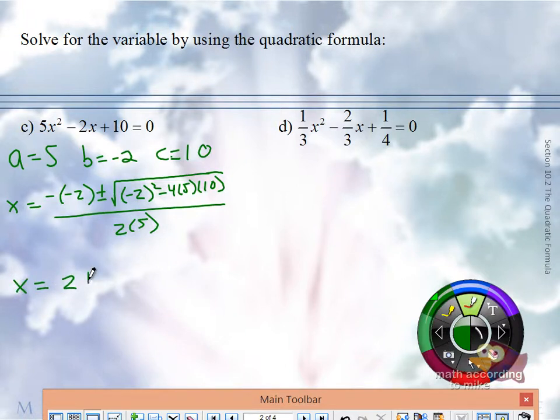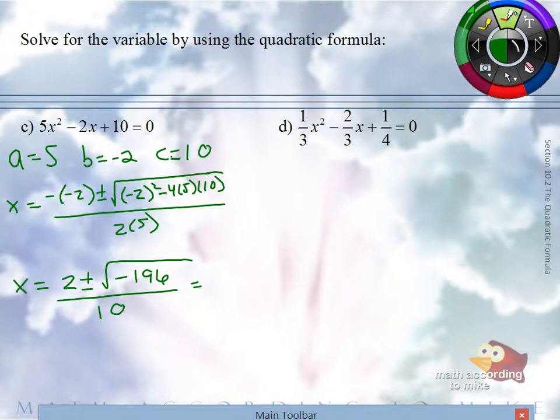Clean it up. What's that radicand? Negative 196. All without a calculator. Good job. What is the square root of 196? 14. Square root of negative 1, i, all over 10.